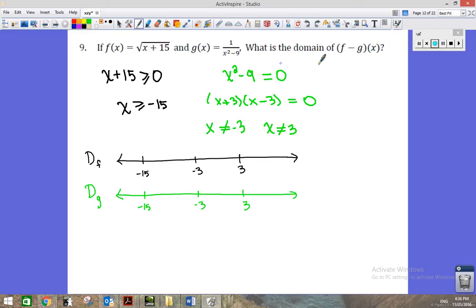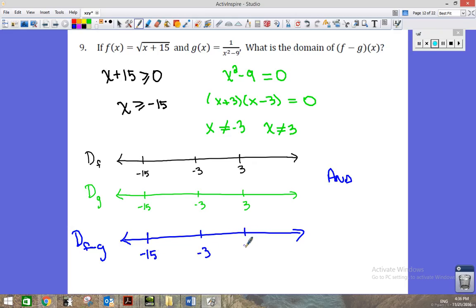The domain of f minus g, what I'm trying to find, is going to be the intersection of these two. If it's a member of this set and if it's a member of the domain of g, then it will be in the intersection. It will be in the domain of f minus g. So I need to write down negative 15, negative 3, and positive 3.